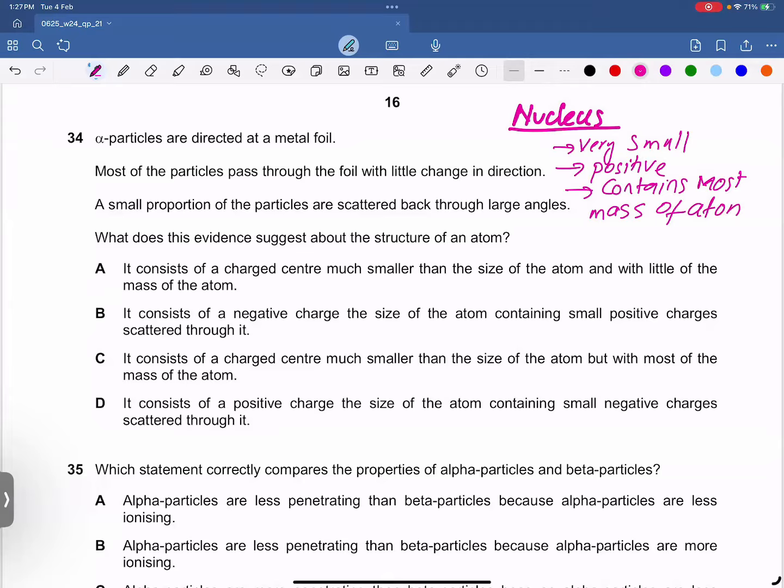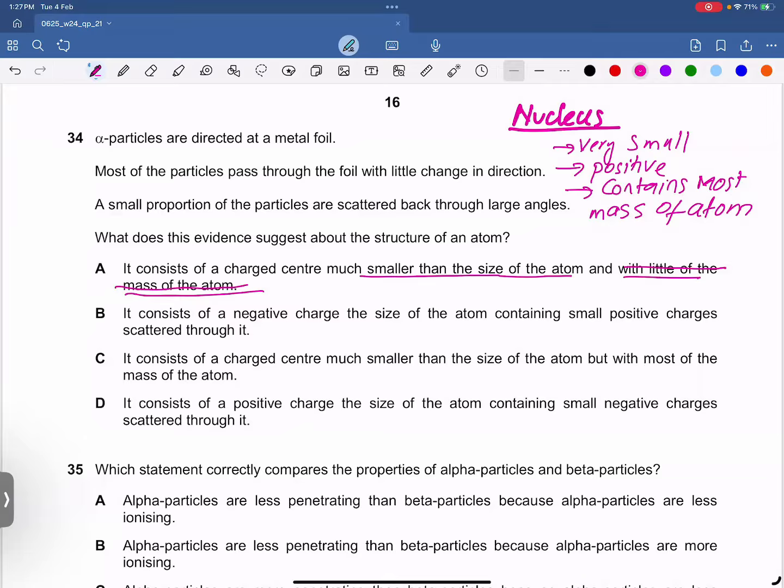This is Rutherford's model. So let's see which option has this set of information. What does it tell you about the structure of the atom? It consists of a charge center, yes. Much smaller than the size of the atom, yes. With little mass, yeah, this is the problem. I crossed it. It contains most of the mass.